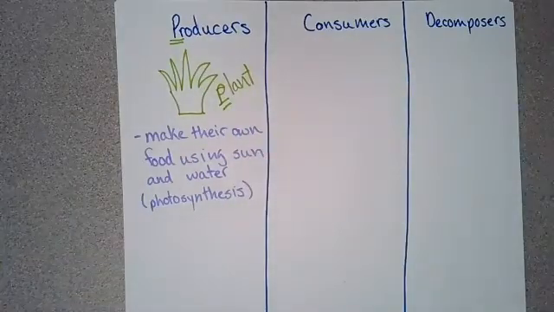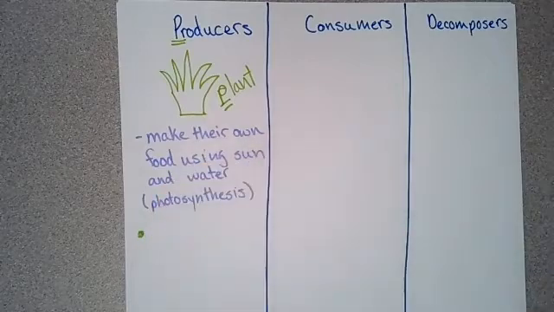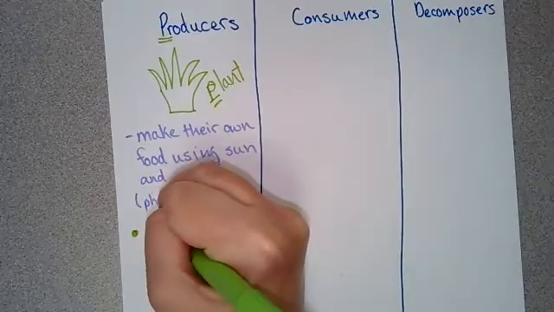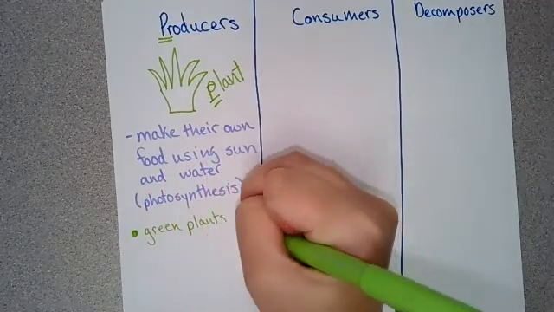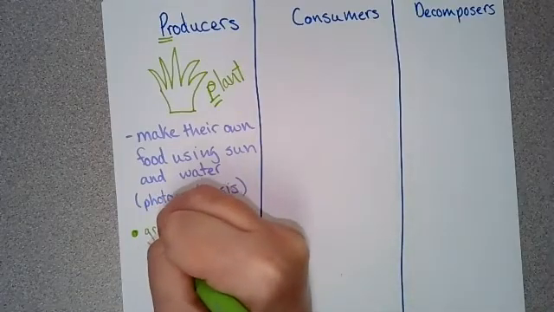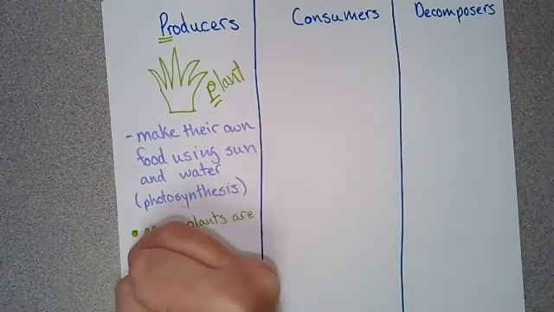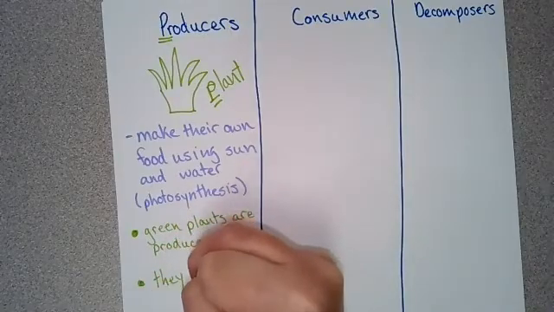Okay, so let's write down a few notes. I'm going to put a little bubble here. Green plants are producers. Then you're going to write here, this is a vocabulary word.